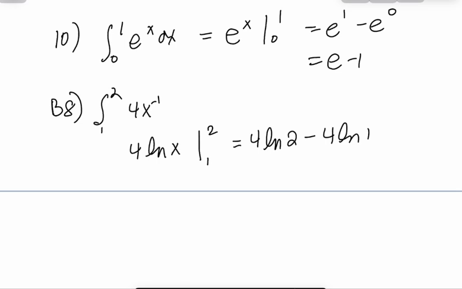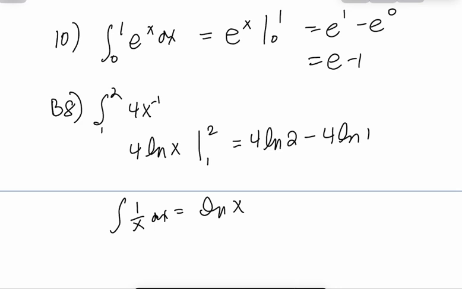And that's the exact value. You can get a decimal value in a calculator, but I like those exact values when all else fails. So remember that the antiderivative of 1 over x is always the natural log, because it's just its own unique one.